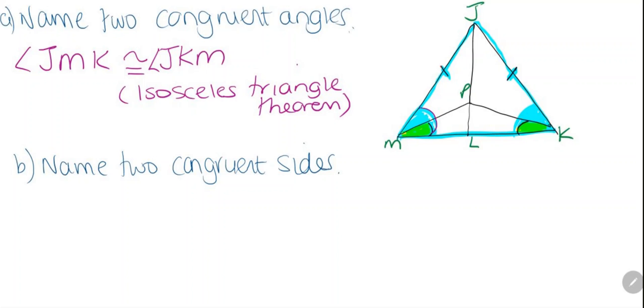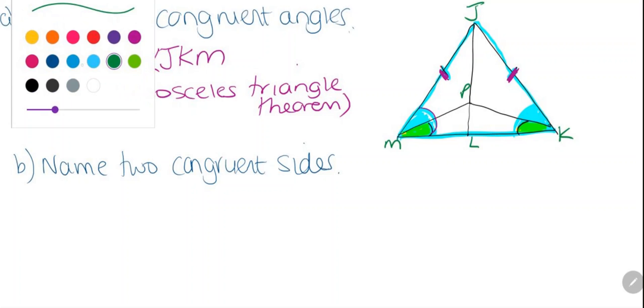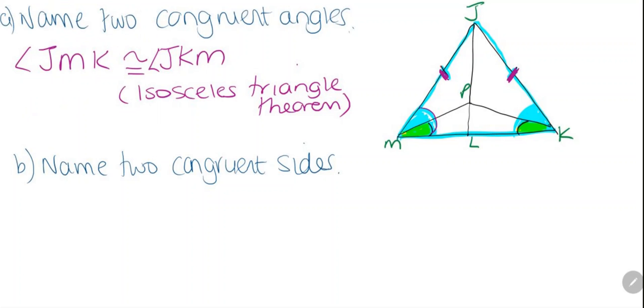Now if we look at the second one, name two congruent sides. Now we can't use these here, but if we look at the original, let's colour this in orange.